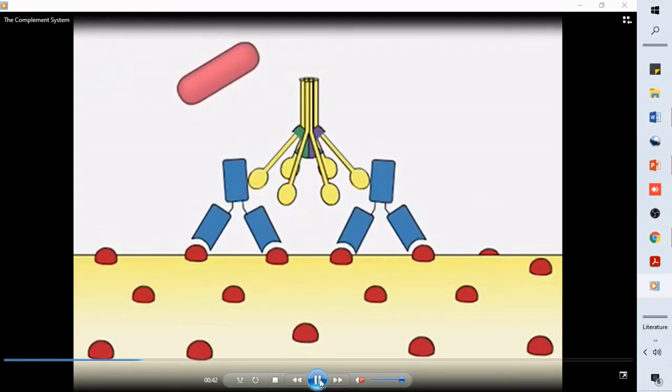Now what happens with this C1? This is just a base. This is a kind of alarming triggering signal for other complement factors to come and bind. So comes C4. C4A is released, and C4B is a larger part which remains. So this C4A is called an anaphylatoxin.